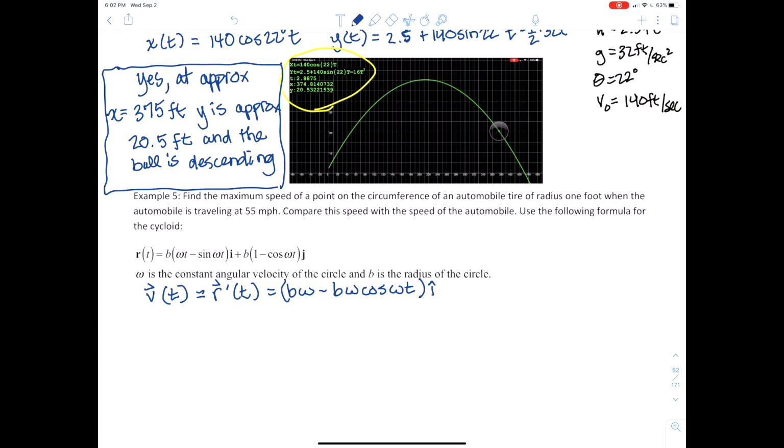And then we'll have, I'll leave the b out this time, b times, actually it'll be omega sine omega t times j.